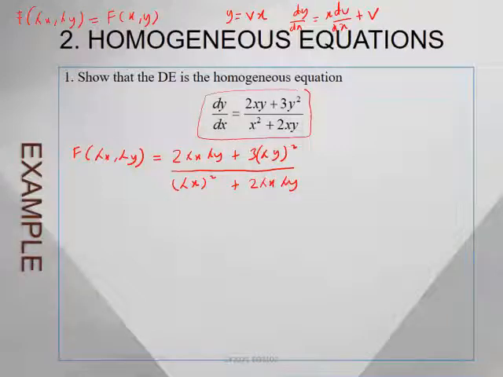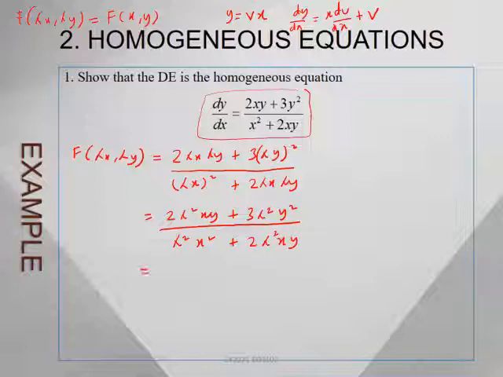We substitute lambda x for each x. So it becomes like this: 2 lambda squared xy plus 3 lambda squared y squared, divided by lambda squared x squared plus 2 lambda squared xy, right?